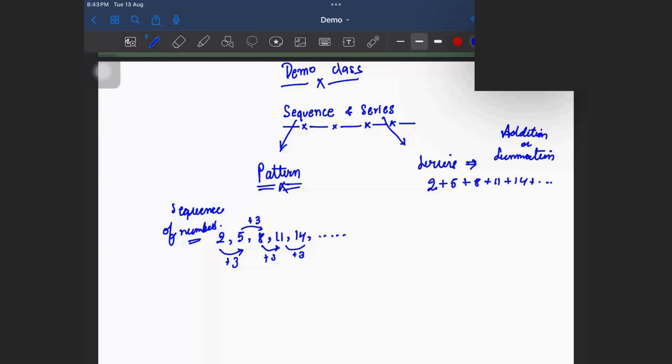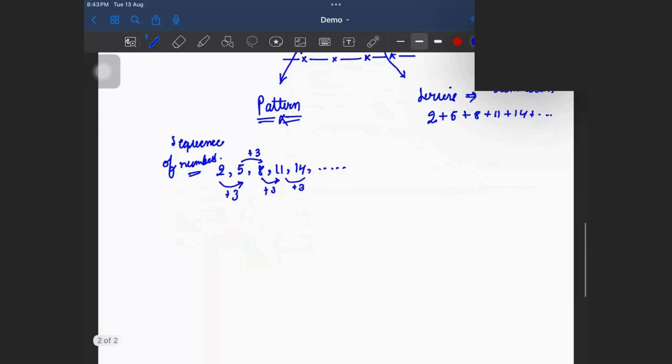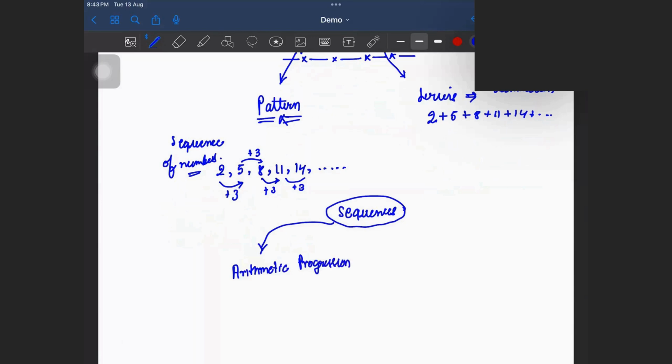Now there are different types of sequences, and we have to study a few of them. First, tell me, did you understand the difference between series and sequence? It's easy. Yes. So the first one is arithmetic progression. The second one is geometric progression.